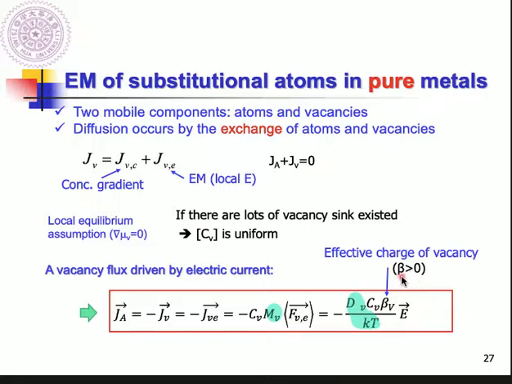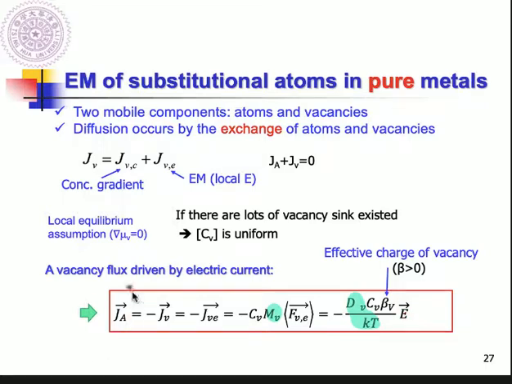So for metals, as we mentioned, the effective charge usually is negative. Negative implies that the diffusing atoms move in the same direction as the electrons. And with the same concept, if positive, the vacancy moves in the opposite direction of the electrons. Also, if this is positive and this is negative, and E, right?